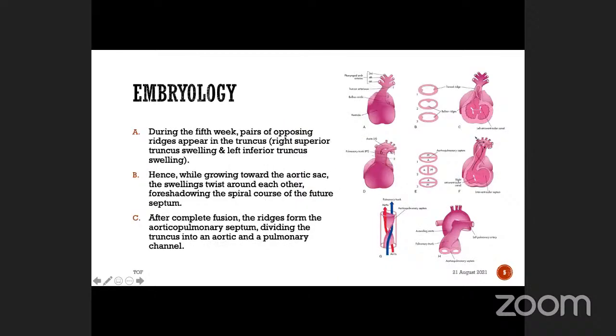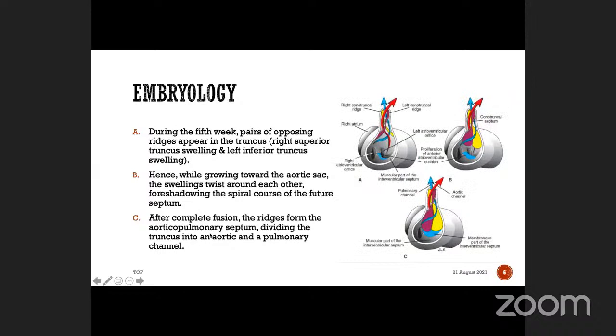In the 5th week of life, pairs of opposing ridges appear in the truncus. They connect while growing towards the aortic sac, and swelling twist around each other, foreshadowing the spiral course, which is the normal course of the aorta and the PA.